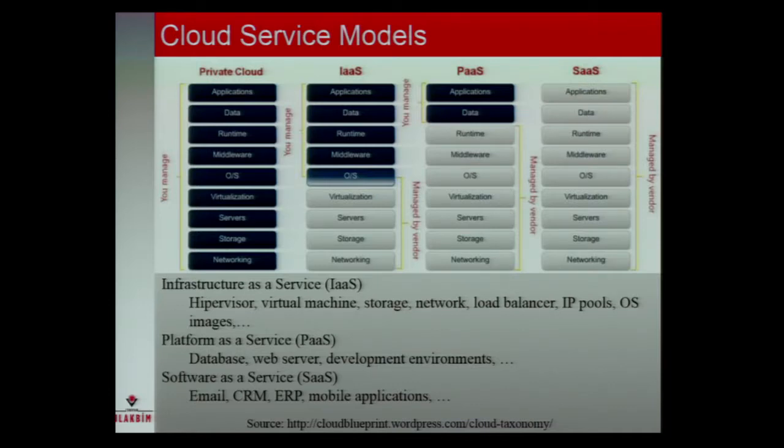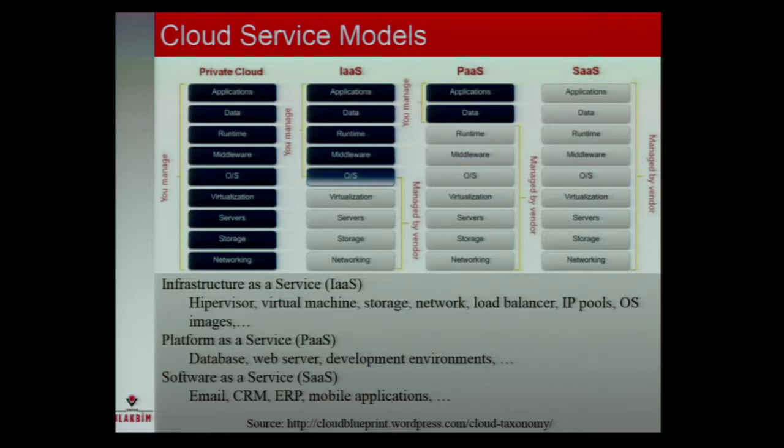And look at the cloud service models. In private cloud, all of these layers are managed by the user. When you look at infrastructure as a service, the networking, storage, server, physical server, and virtualization layers are managed by the vendor, as well as operating system images. And above the operating system, you manage the middleware, runtime, data, and applications.